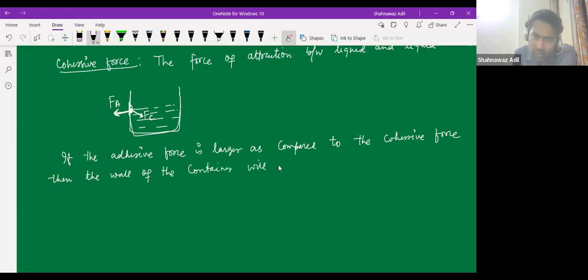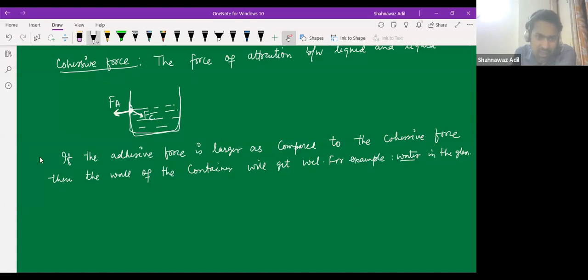For example, water in the glass. So the water will wet that glass.